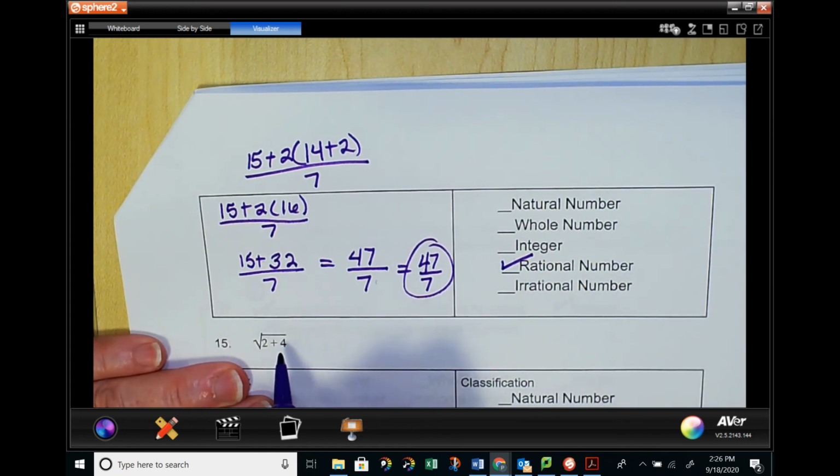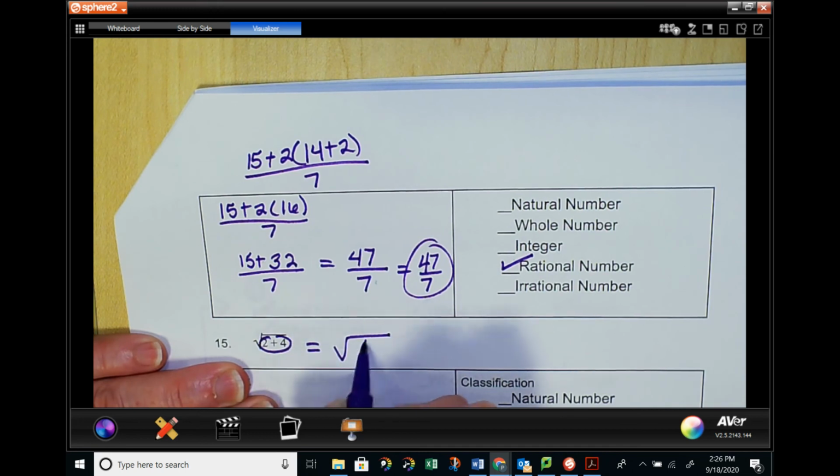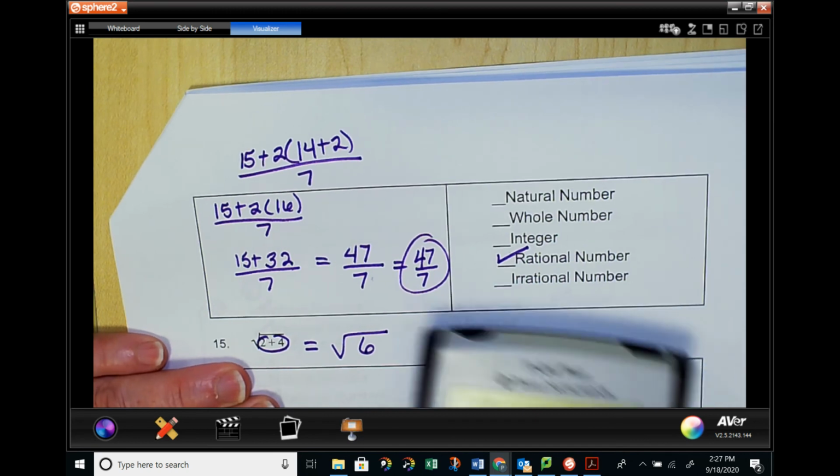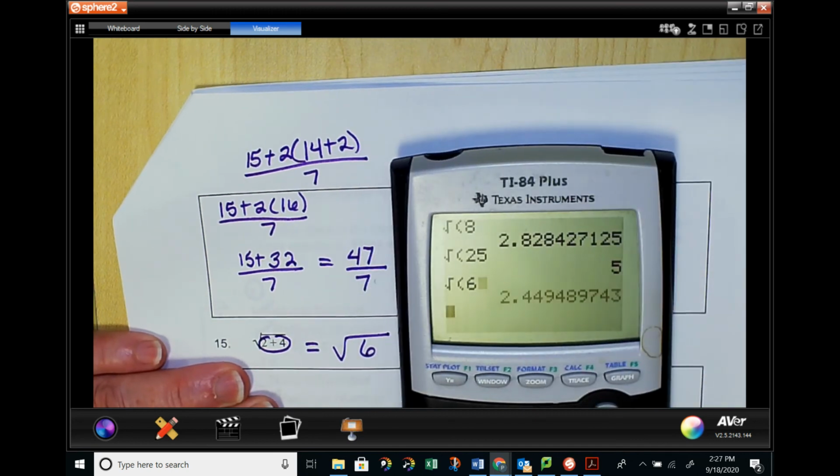So this next one, square root of 2 plus 4. So I do what's inside there. This is acting like parentheses. 2 plus 4 is 6. So I use my handy dandy calculator, and I'm going to type in the square root of 6. Let's see if it works. Oh, I got decimals again.